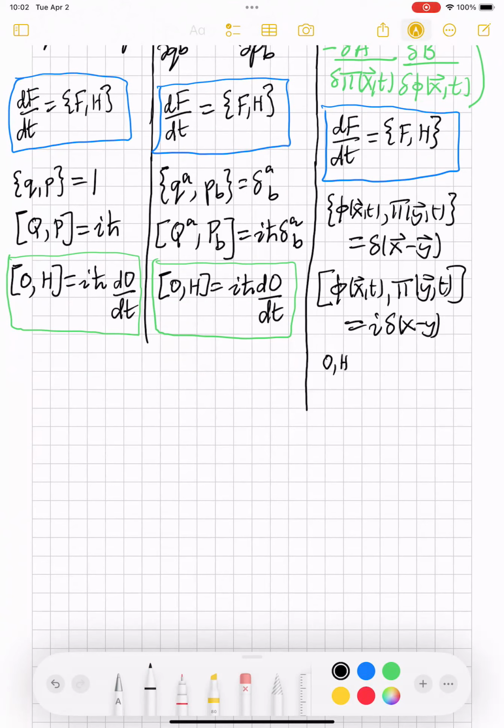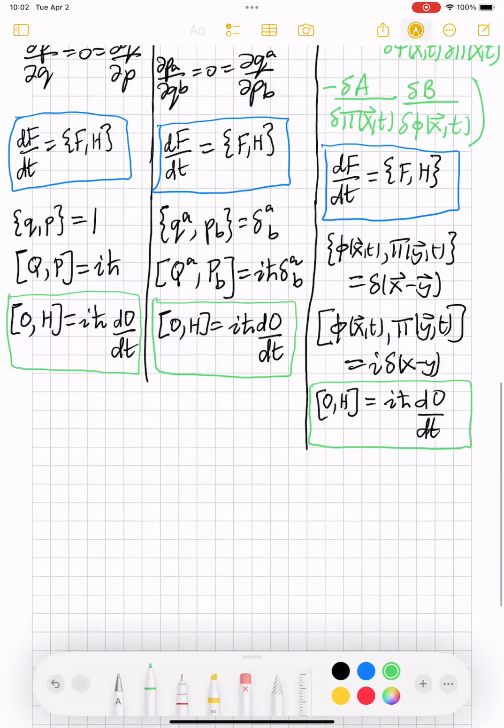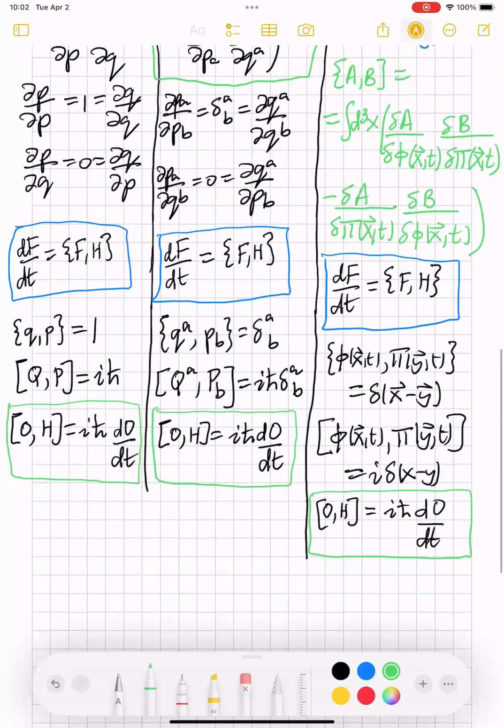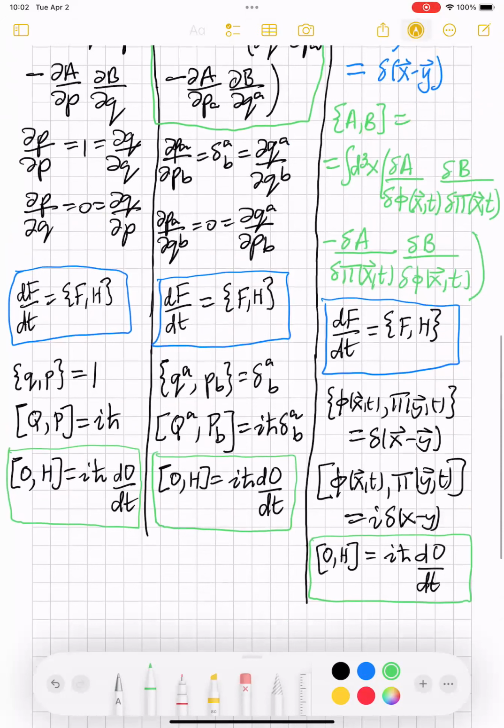And then finally, again promoting the Poisson bracket equation of motion, we get the equation of motion for our field theory, and again, it is just the Heisenberg equation of motion. Okay, let's keep going. Don't worry about the functional derivatives that appeared inside the Poisson bracket. We are going to return to that, and I'm going to define all of that carefully. Let's continue in a moment.